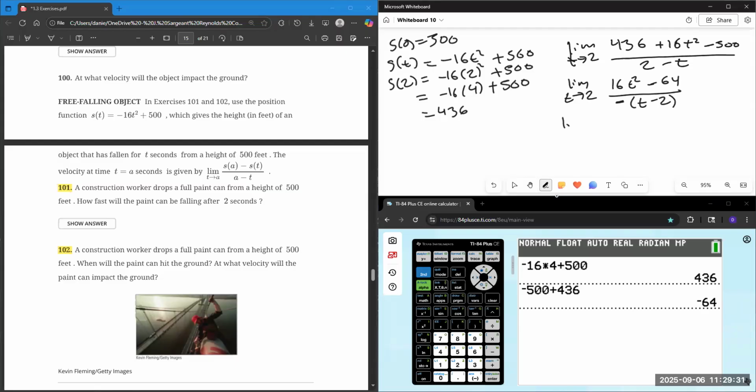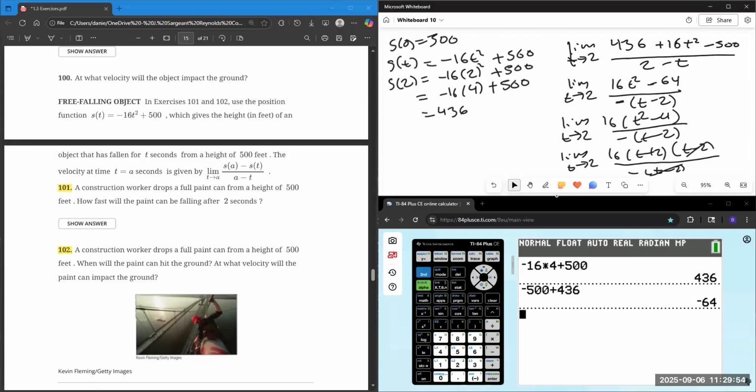That's going to be limit as t goes to 2 of 16 times (t squared minus 4) over negative (t minus 2). So that's limit as t goes to 2, 16 times (t plus 2)(t minus 2) over negative (t minus 2).